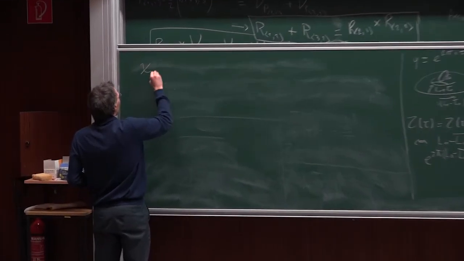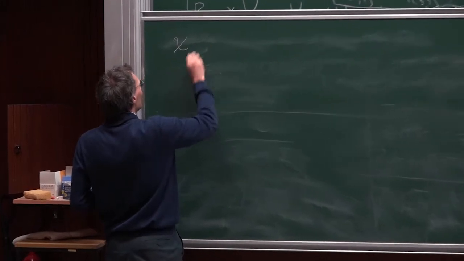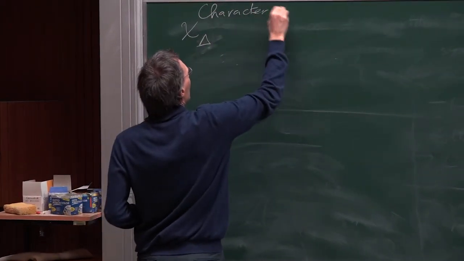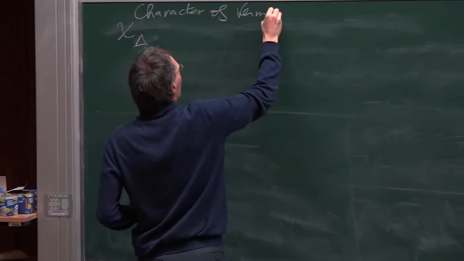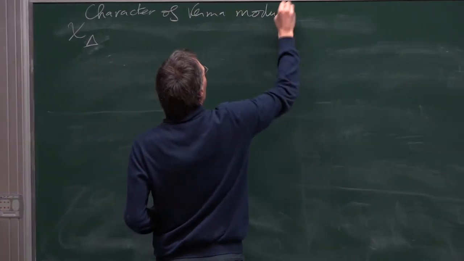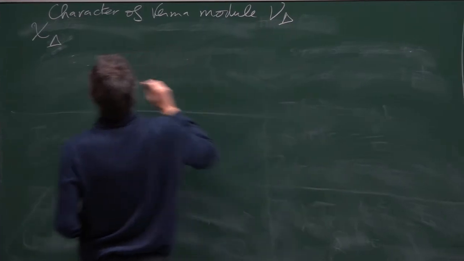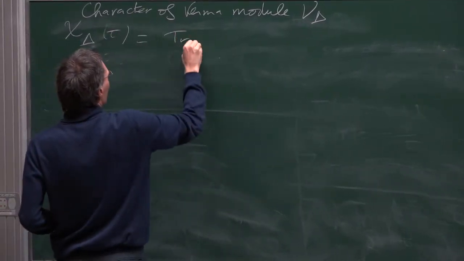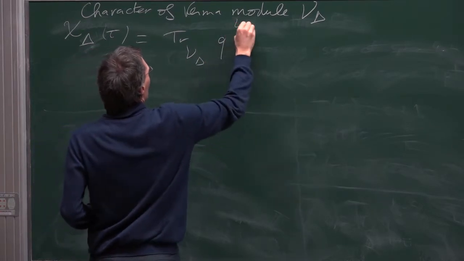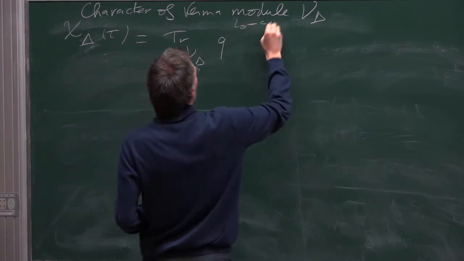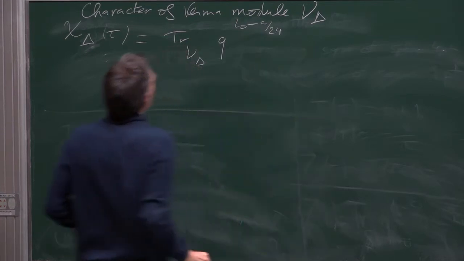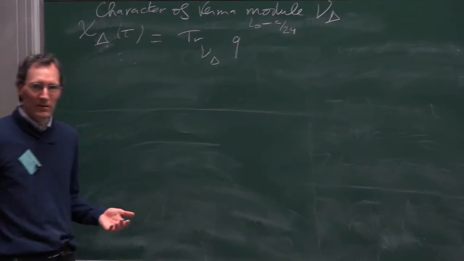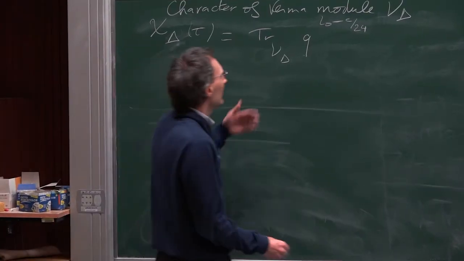So the character of a Verma module V delta, let's call it chi delta of tau. So that's the trace over the Verma module of q to the L0 minus c over 24. So what is L0 in a Verma module?